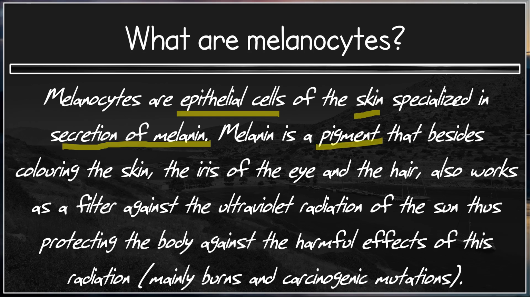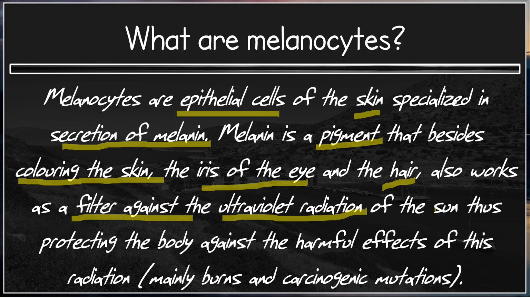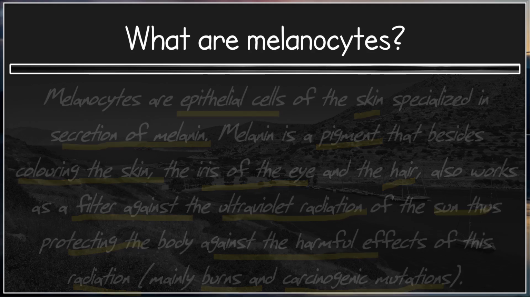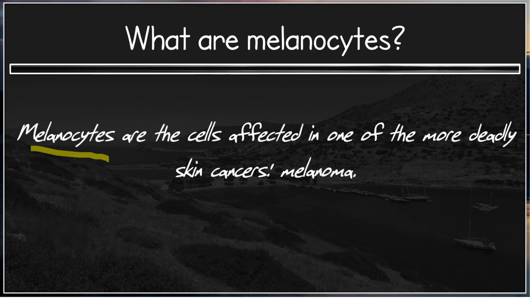Melanin is a pigment that, besides coloring the skin, eyelash of the eye, and the hair, also works as a filter against ultraviolet radiation of the sun, thus protecting the body against harmful effects of this radiation, mainly burns and carcinogenic mutations. Melanocytes are the cells affected with one of the more deadly skin cancers, melanoma.